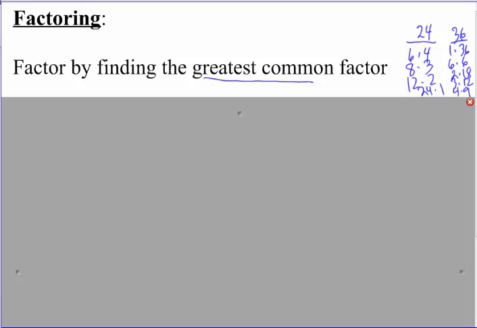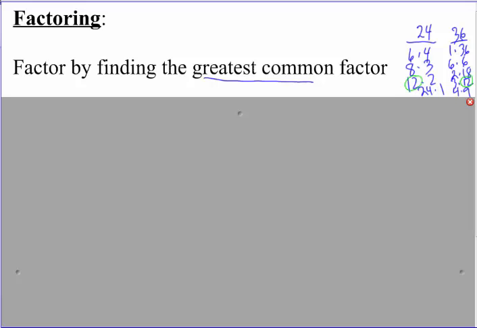So for the greatest common factor, I've got all the factors listed. We're looking for which number is on both lists, the largest number possible. So let's see, both of them have a 4, both of them have 6s, okay, both of them have 12s. What is the greatest factor they have in common? 12. Okay, so that's the greatest common factor.